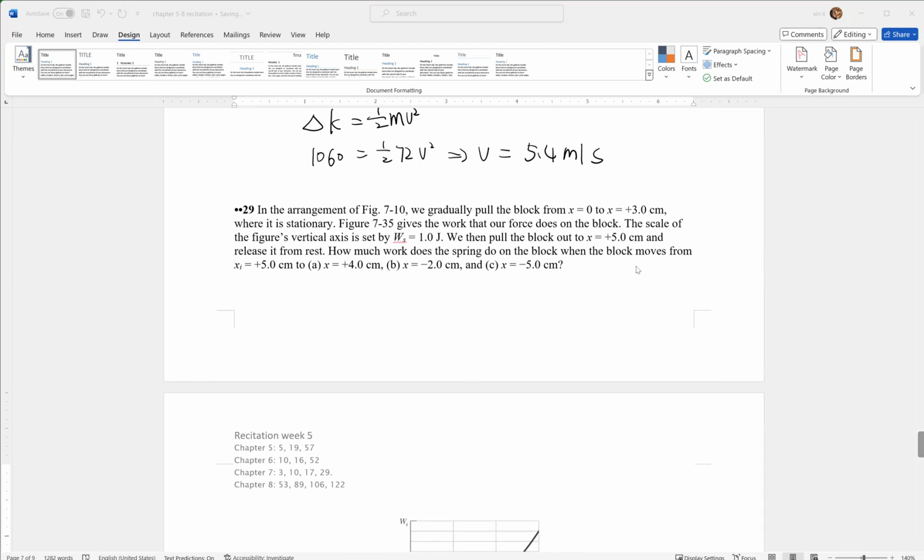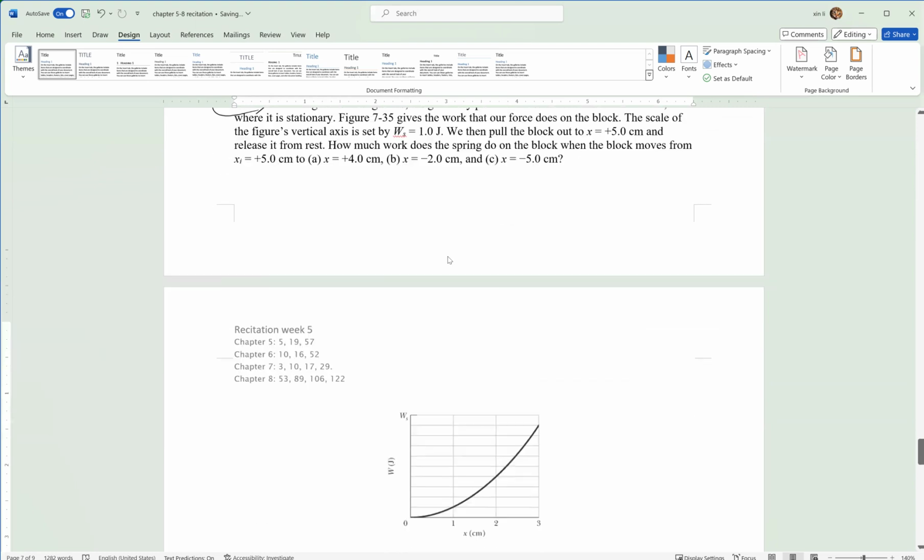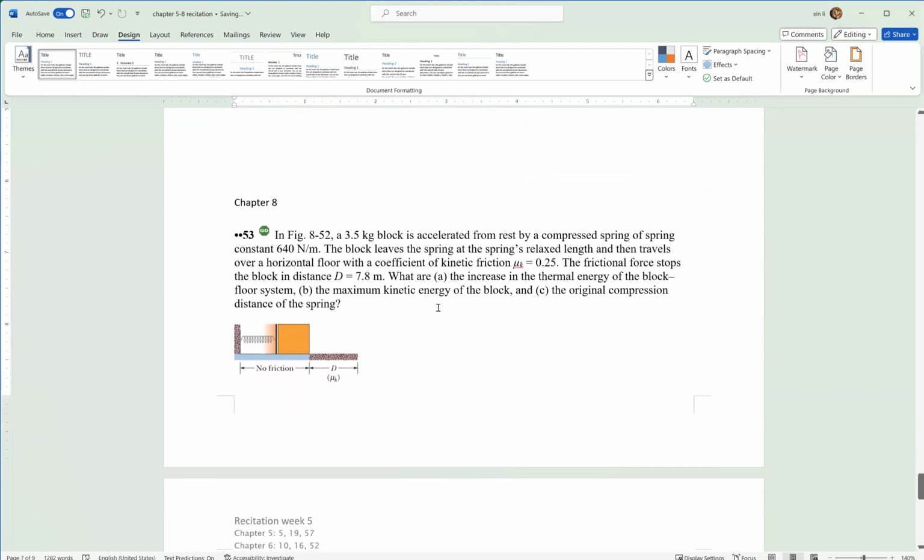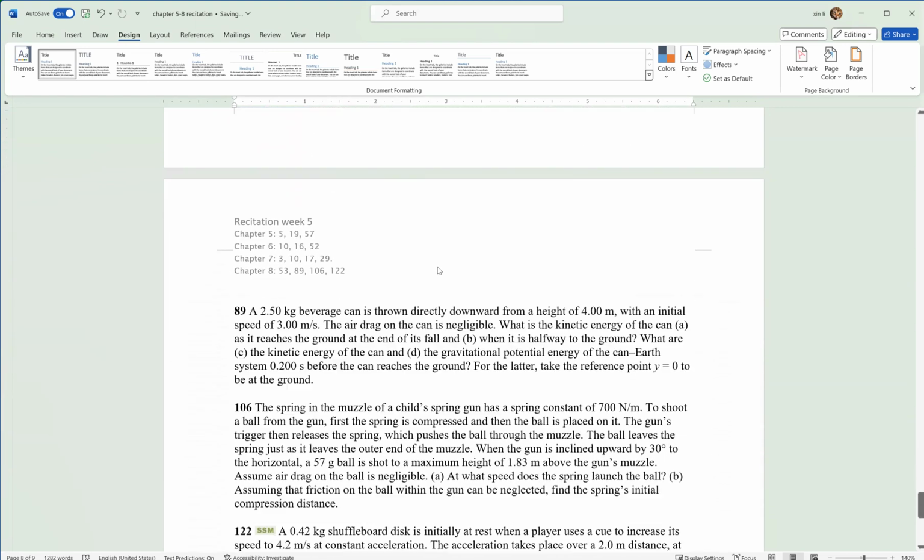Let's skip 29. I don't have this kind of problem, this figure problem, on the exam. You still have to do it. I will post the solution of this on D2L, but let's skip this problem for now because we don't have anything like this on the exam. Okay. So let's keep on going to chapter 8.